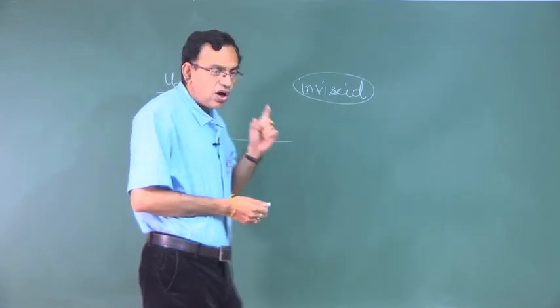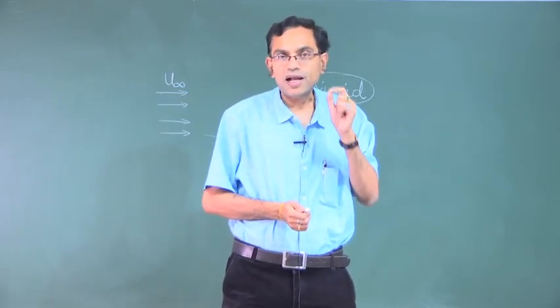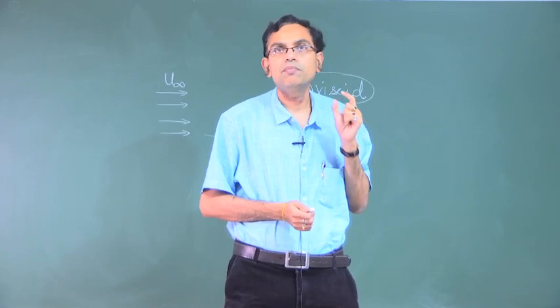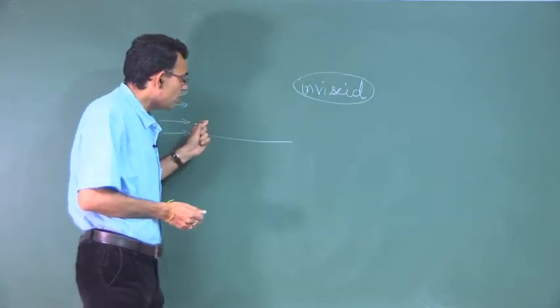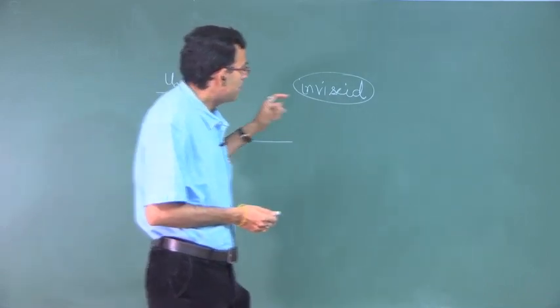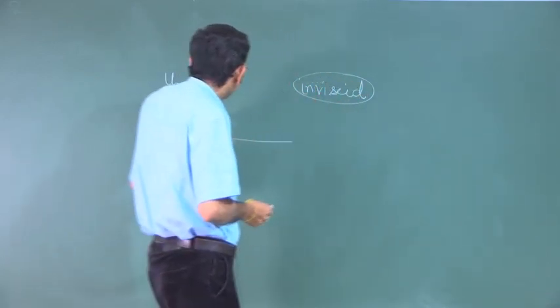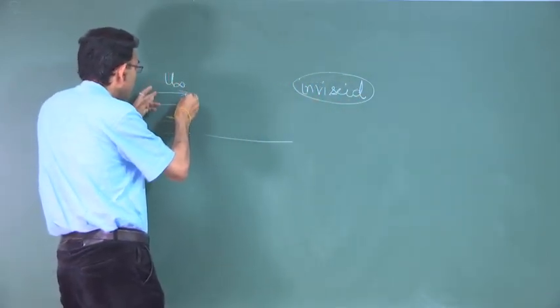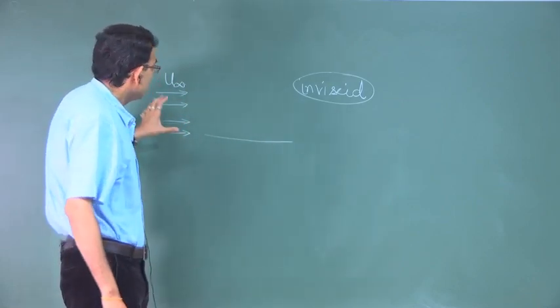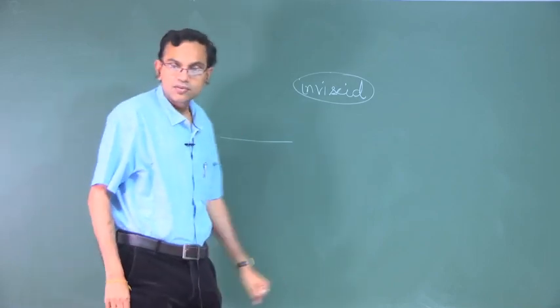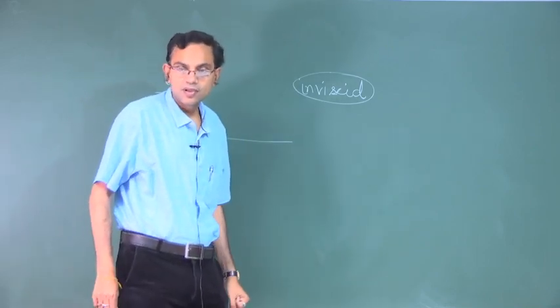Now, if you recall, one of the factors that we discussed can make a flow which is inviscid here change its pattern. What is that?